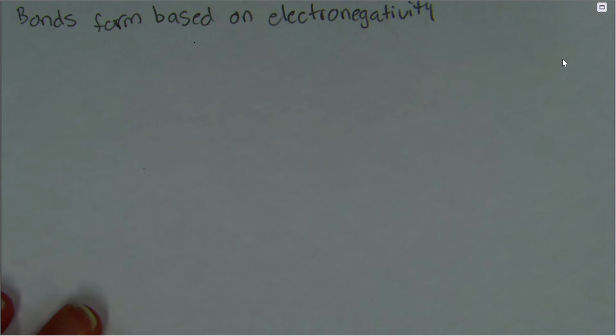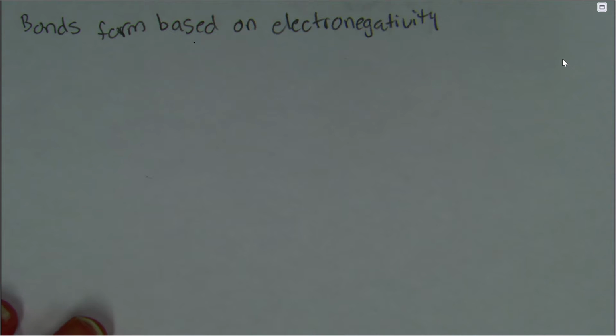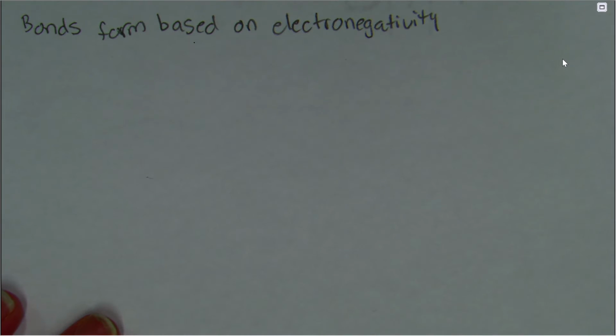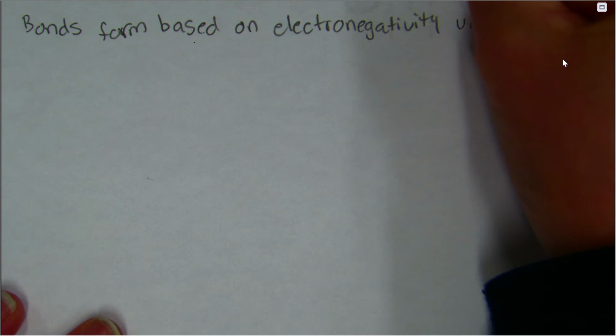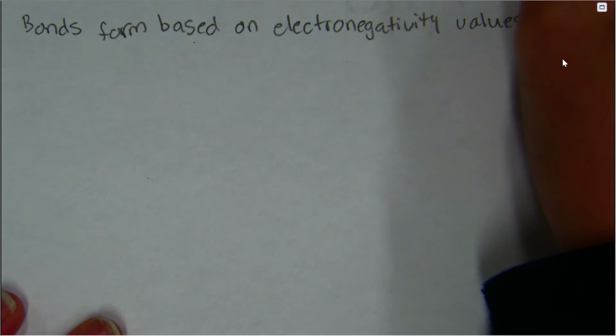Because if you will remember, electronegativity is how well electrons are shared, and shared electrons do form covalent bonds. So we can look at bonds and determine if a bond is polar or nonpolar simply on the values of these electronegativities that we can get.